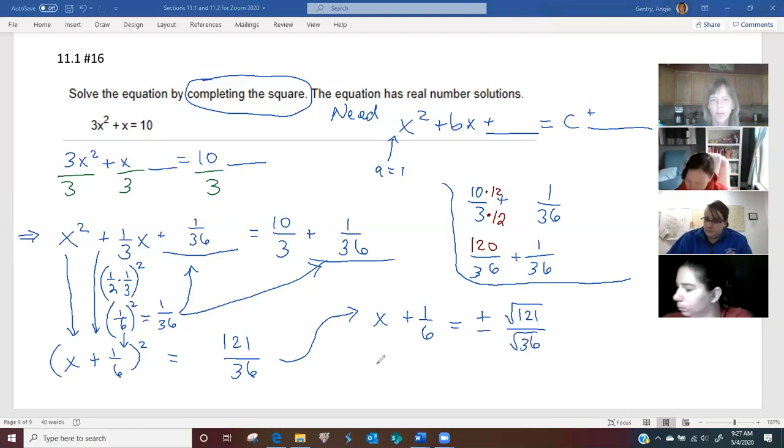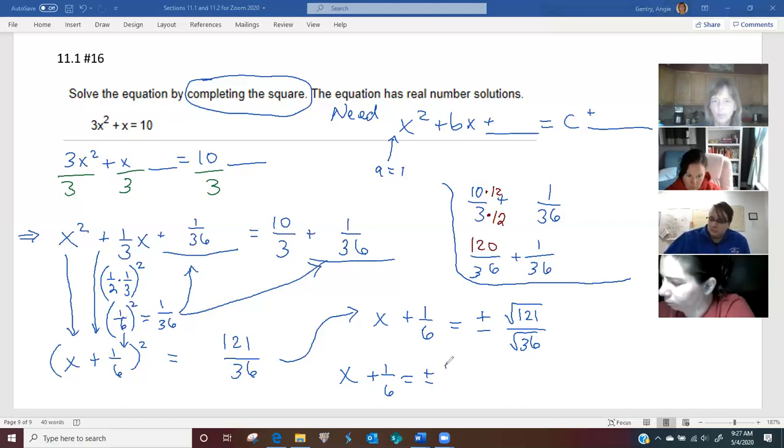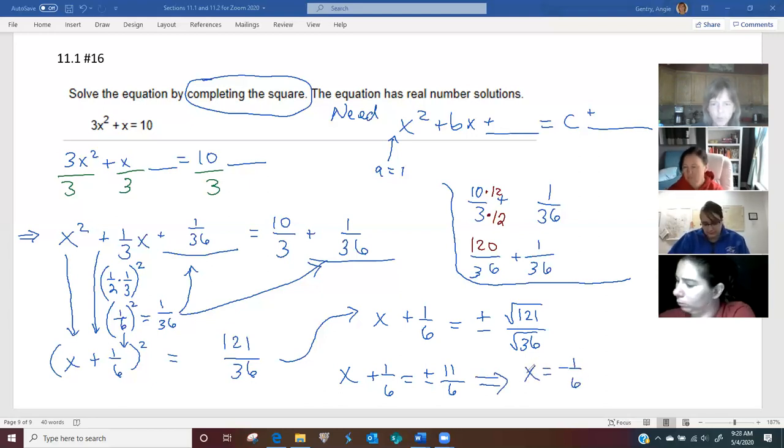This is going to make me very happy because they both clean up, don't they? Square root of 121 is 11, I believe. And square root of 36 is 6. I'm going to arrow over. So now I have to move the 1/6 over.